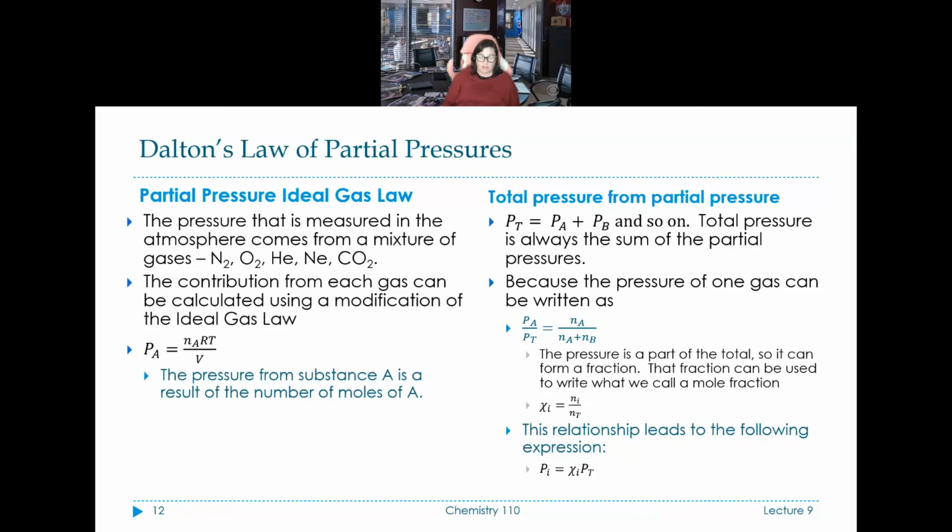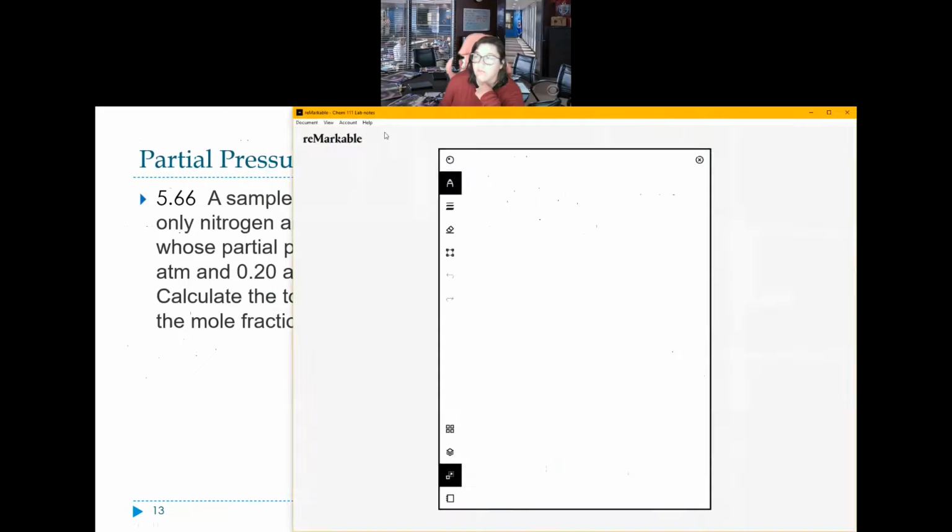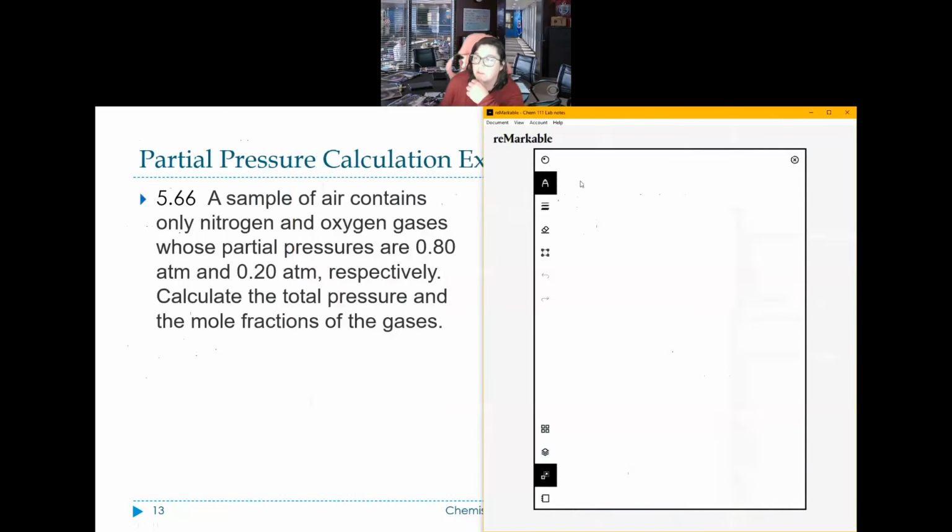Let's see that in work. These problems are actually from your textbook. You'll see it says 5.66, 5.74. Those are the ones in the end material for chapter 5. So that's the questions that you're looking at here. So let's work with our piece of paper and this first question. I'm going to resize my paper a little bit so that we can see it.